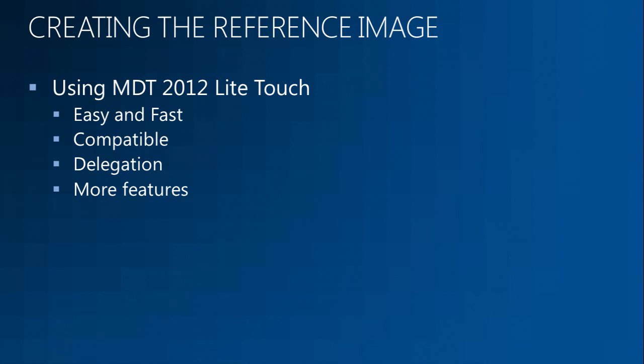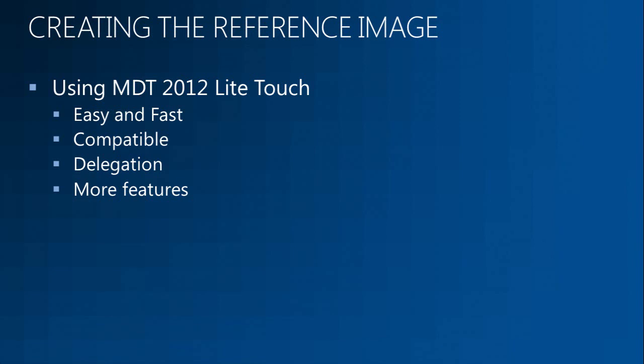For example, it's quite common that you want to customize the admin profile in the reference image, some type of branding, some type of settings, maybe an application needs to go in there with some settings. And then you can allow Config Manager to copy the admin profile to the default user when Config Manager is pushing out that reference image.